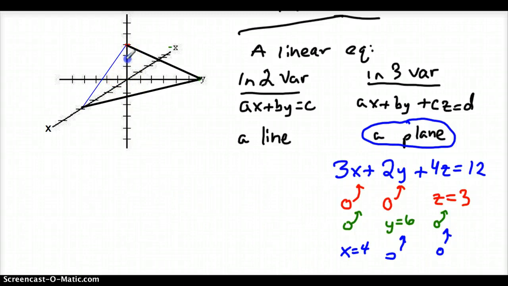Okay, let's see if I can shade in roughly this plane. And that is the plane kind of slicing through. It goes on in all directions, of course. It's not just a little triangle, but it represents the plane of this equation right here. That's how we graph it.